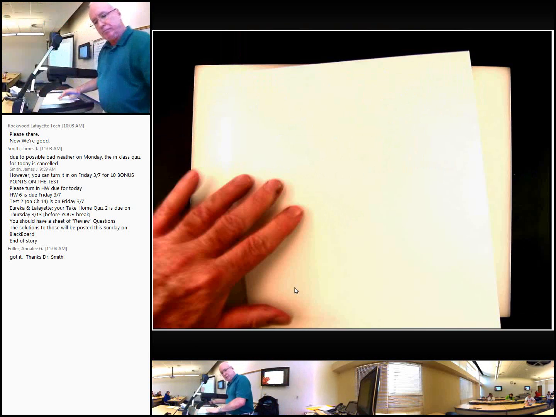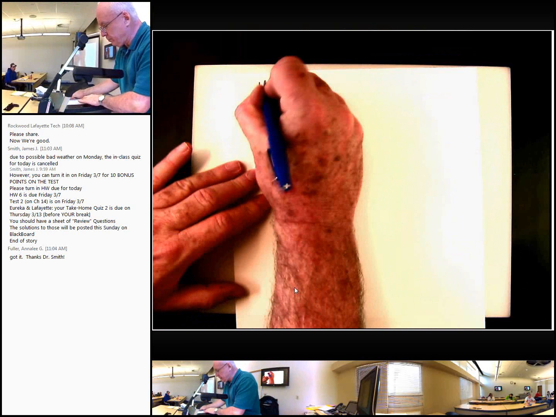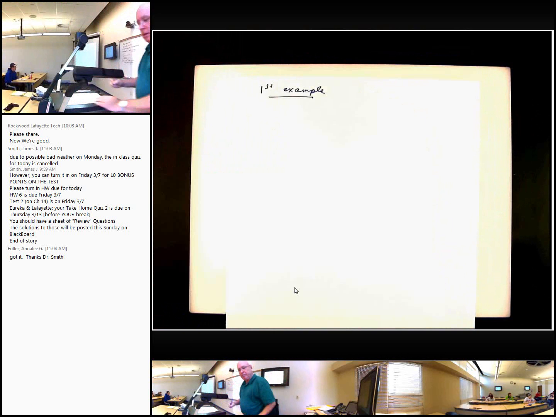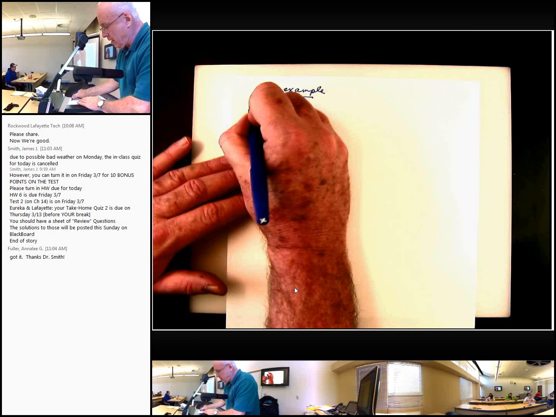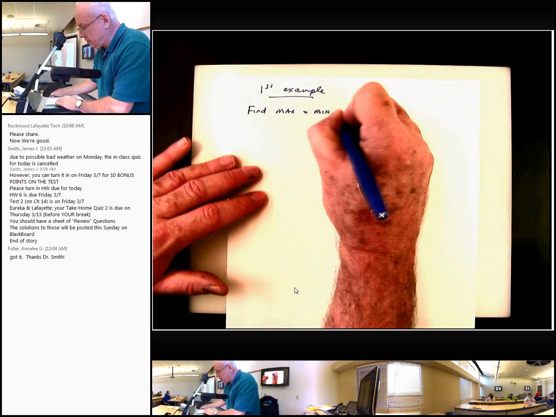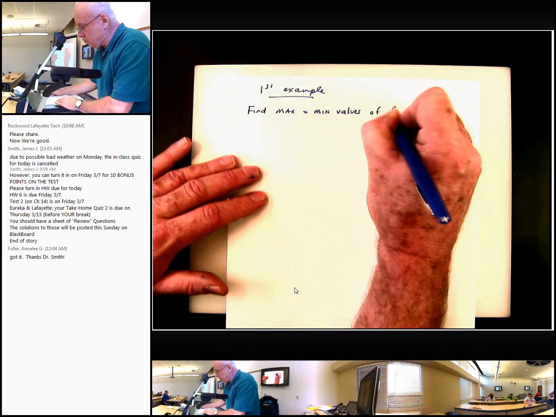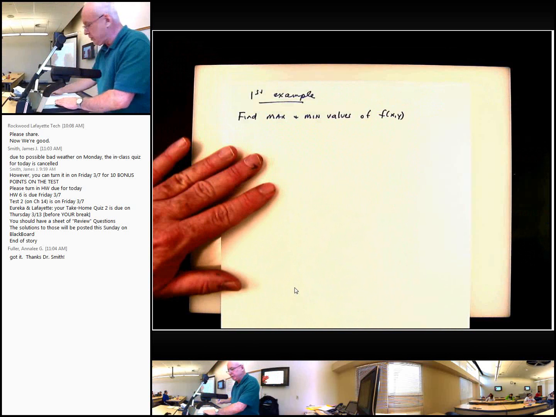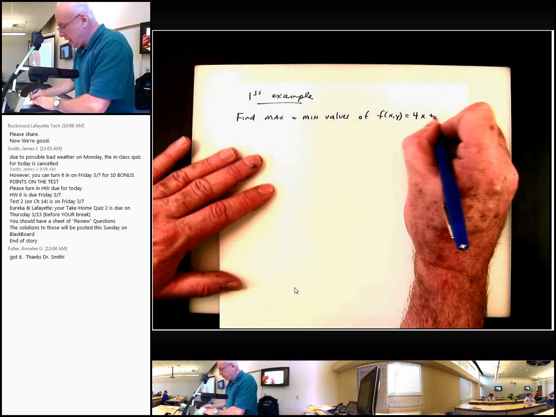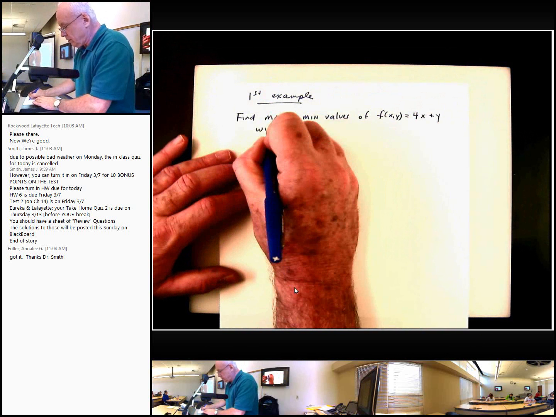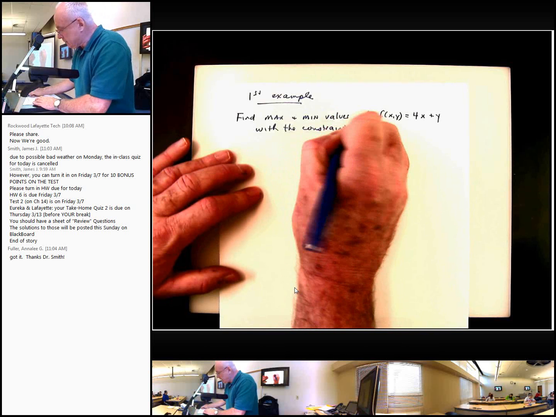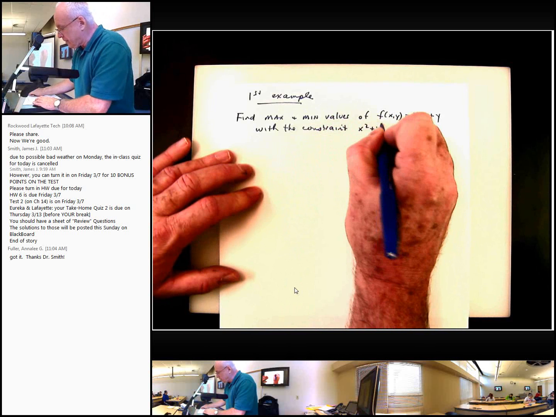So here's a problem. First example. Find the max and min values of f of x, y, so it's just a function of two variables, and that function is defined as 4x plus y, with the constraint that x squared plus y squared has to add up to 17.